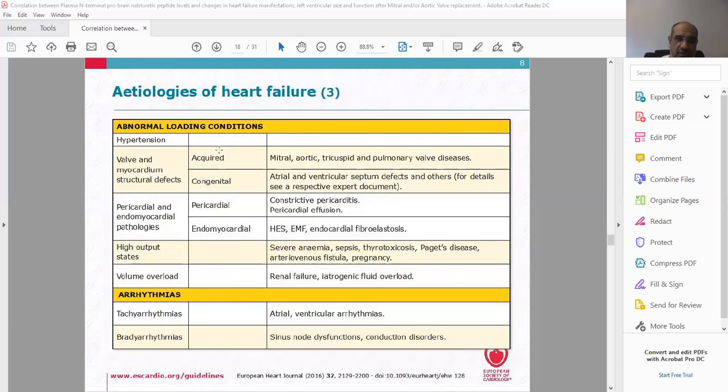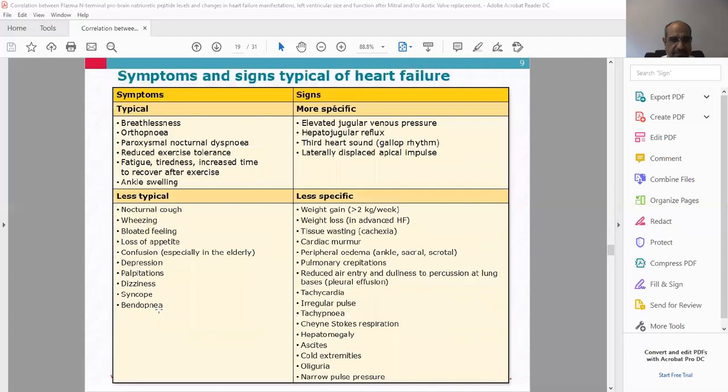And then abnormal loading conditions, including valve disease, hypertension, congenital heart disease, pericardial disease, endomyocardial disease like endomyocardial fibrosis, hypereosinophilic syndrome. All these are included in the abnormal loading conditions. Lastly, arrhythmia is going to be tachyarrhythmia and bradyarrhythmia. All of them can cause heart failure.